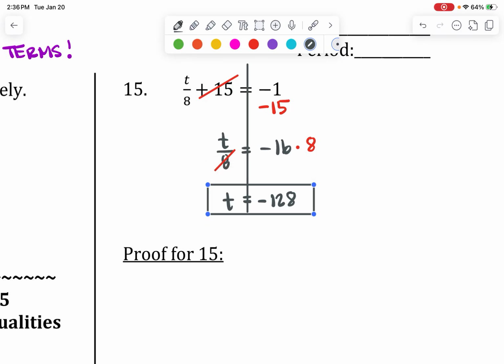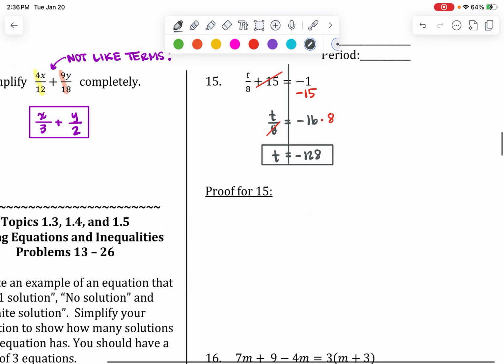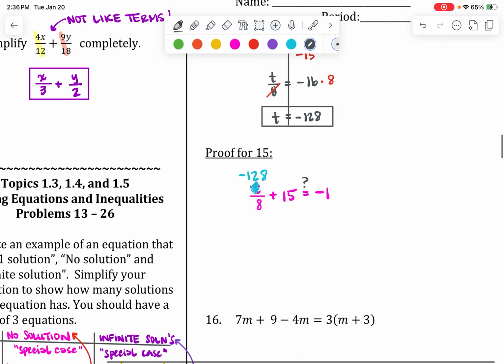Now, of course, I'm going to check that answer, and I'm going to take my original problem. Let me rewrite it again. t divided by 8 plus 15 equals negative 1. But instead of t, I'm going to scribble him out, I'm going to replace him with a negative 128. And then, of course, this ends up being a question mark because I want to know, does all that mess on the left equal negative 1?